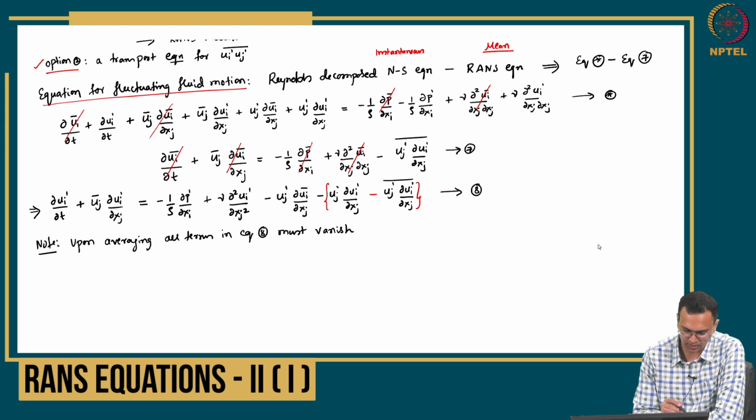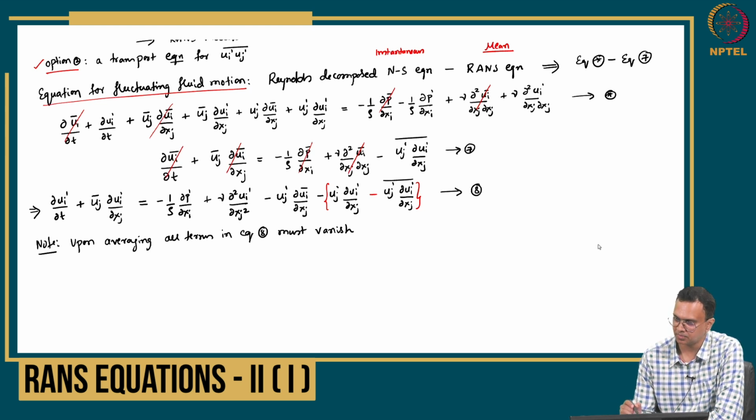So that you can easily see: the first one, average of the fluctuation is gone. The second one, uj bar is statistical, so average of the second term is 0. Pressure gradient also, average of p prime is 0. Ensemble averaging of ui prime is 0. This particular term, averaging of uj prime is also 0.